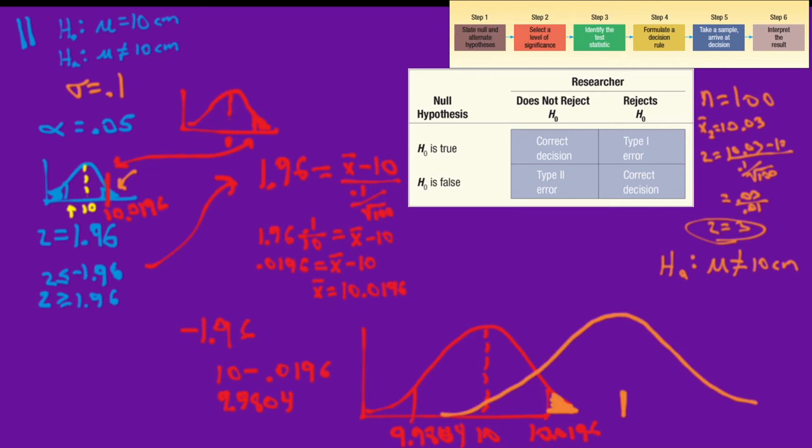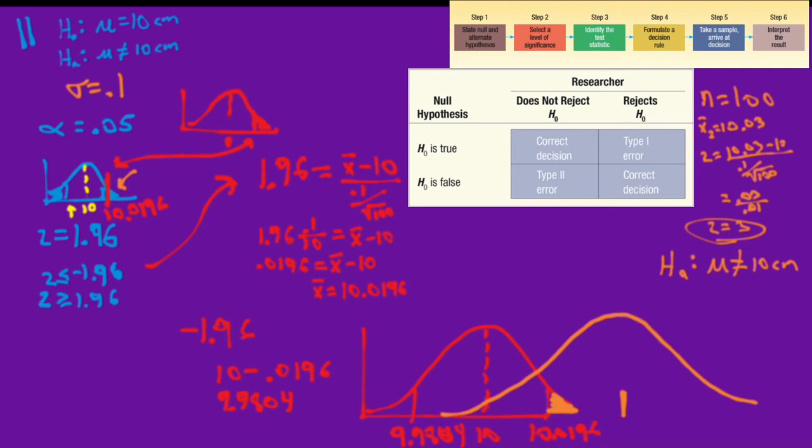You could think of it as, let's say we hadn't made this hypothesis and we just took a sample. Our best guess would be that the mean is 10.03, right? This is what we did in Chapter 9. We took a sample and we built confidence intervals around it. And so in a similar sense, we're going to do that here when we think about what the chances are that we could have had a type 2 error.